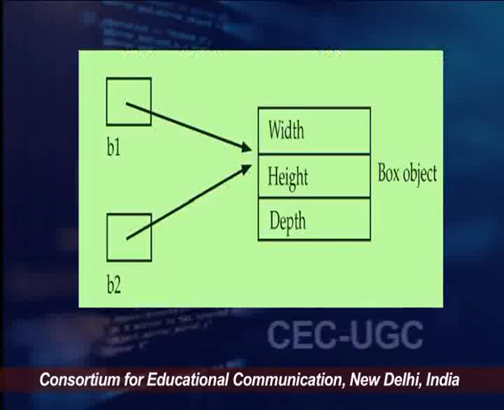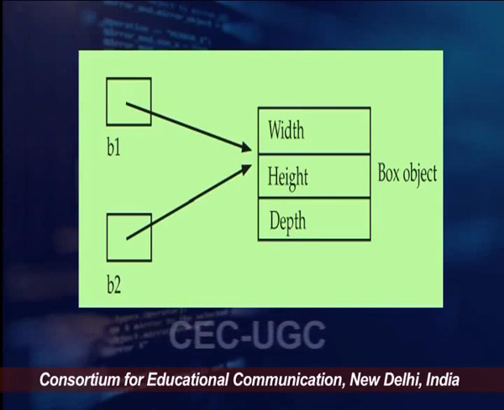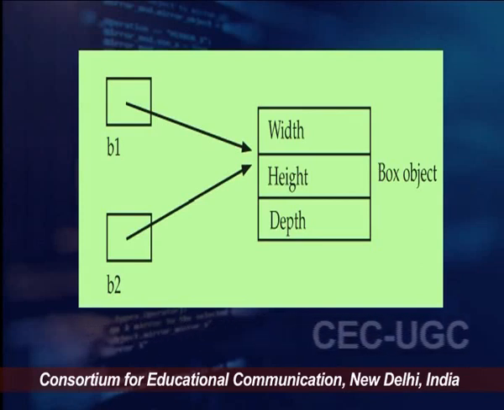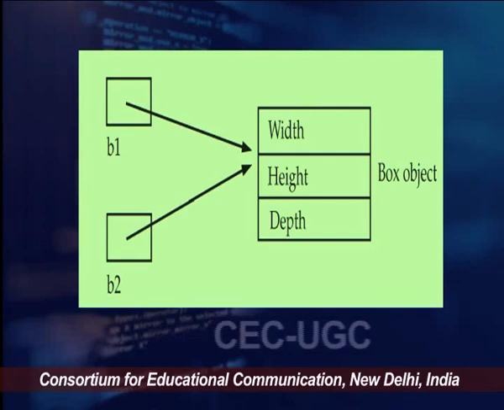So if B1 makes any change to this Box object, the object referred by B2 will also be changed, because essentially I am talking about one same object, and presently B1 and B2 both are referring to it.